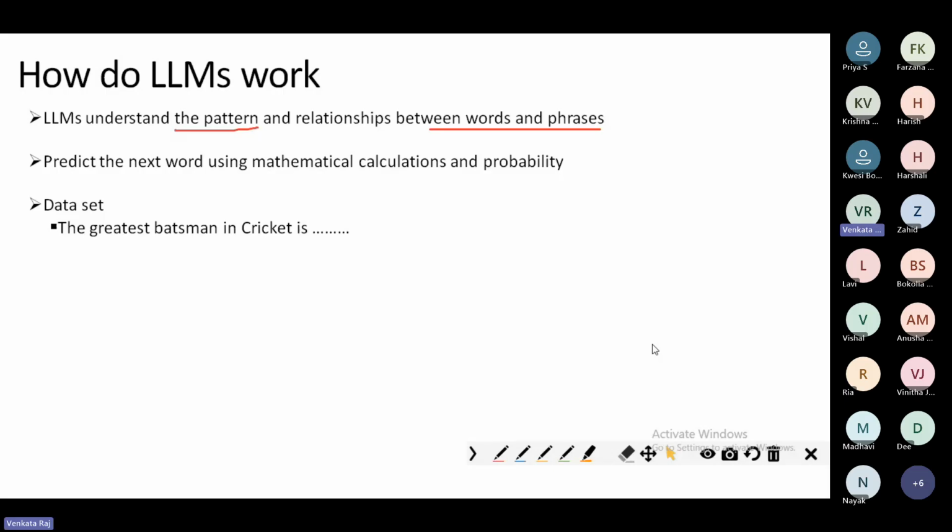Let's say by going into the statistics of different batsmen, if we go by the metrics, Sachin is the greatest batsman. Okay. But we are all members, let's say 20 or 25 people, and out of these 25 people, let's say some say Babar Azam or MS Dhoni is the greatest batsman.